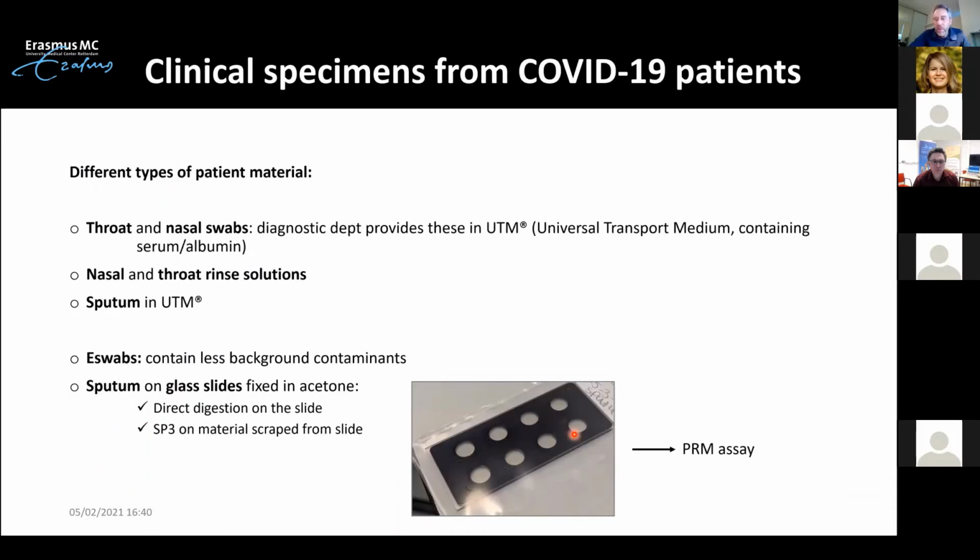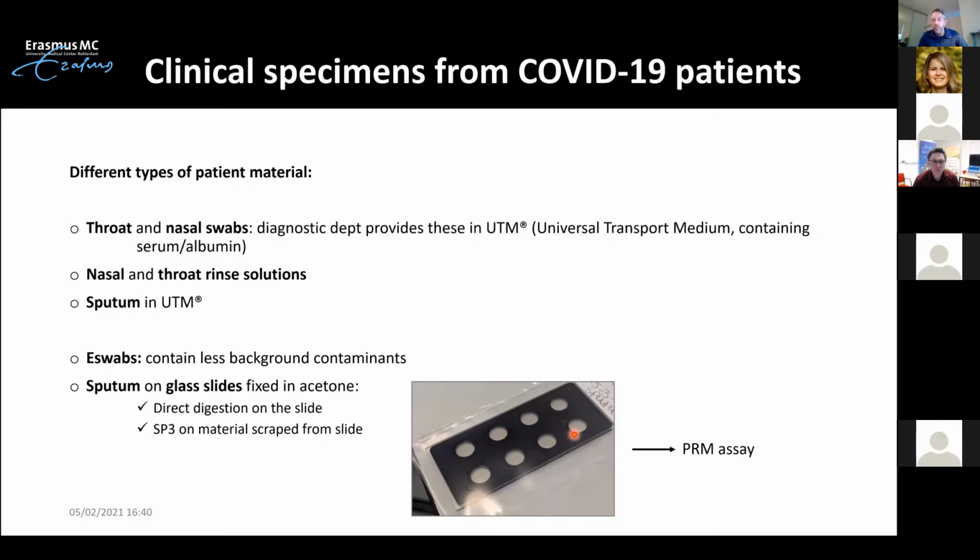Now, after these preparative experiments, we took this further to patient samples and asked ourselves whether we could measure viral proteins in them. And I must admit that this whole endeavor started off in a quite disappointing manner, as we weren't able to detect viral proteins in material from the first swabs at first.